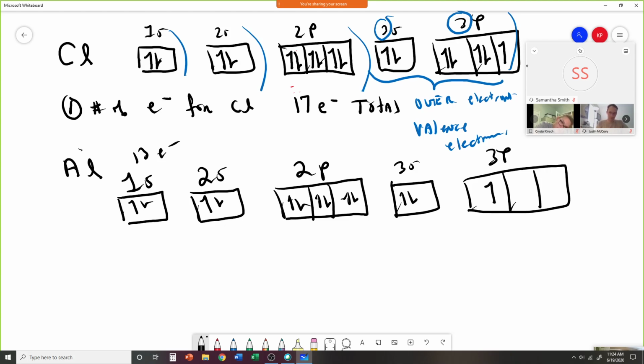There it is. There's your box configuration for aluminum. Okay, and it should be 13 electrons up there, so we go, let's see, that's 2, 4, plus another 6 is 10, plus another 3 makes 13, so sure enough, there's 13 electrons.